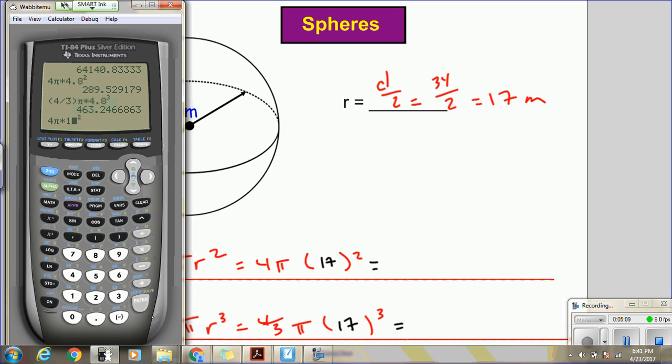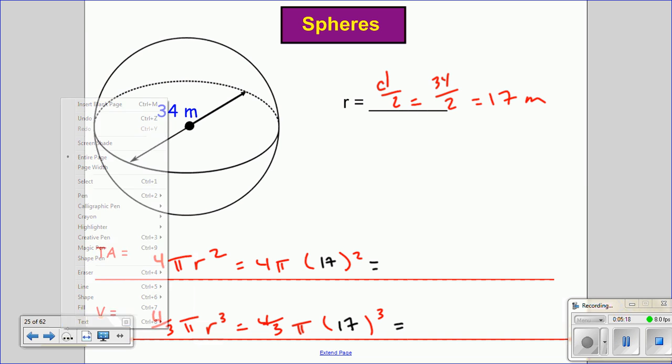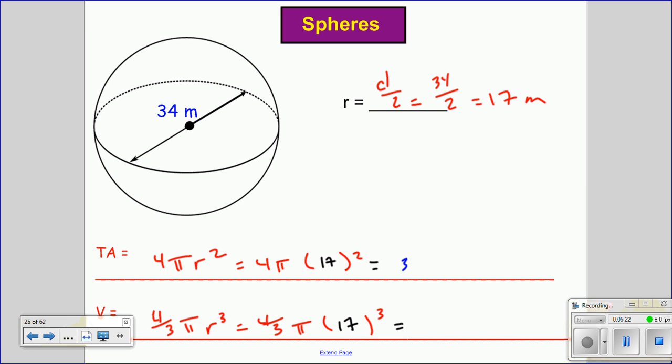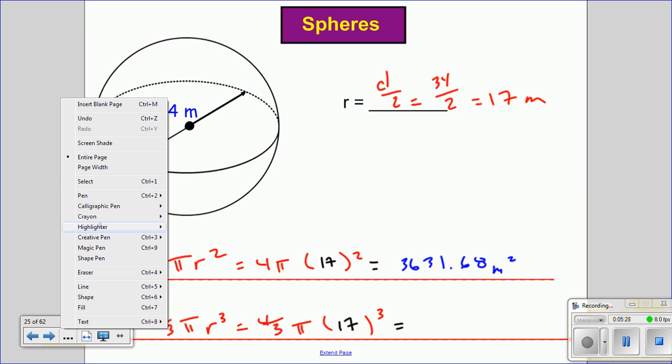There we go. So our area is 3631.68 meters squared.